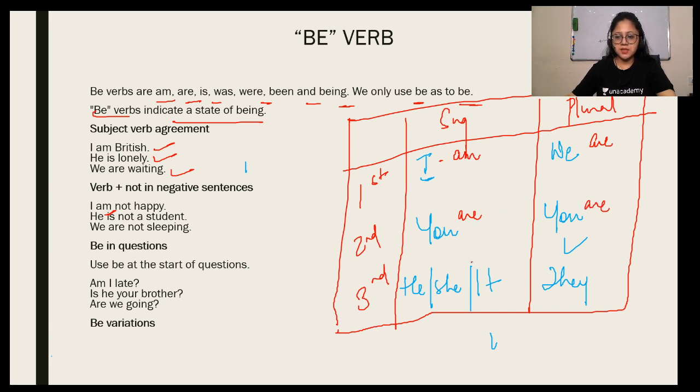He, she, it, he is, she is, it is, they are. Okay, so that was your be verb. Obviously, the moment it becomes past, it becomes I was, we were, you were, he, she, it was, they were.